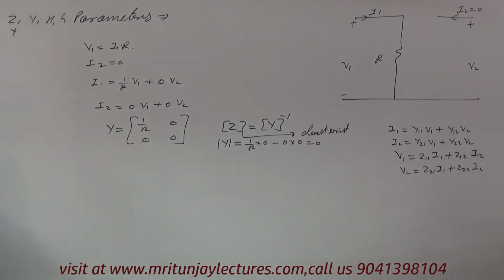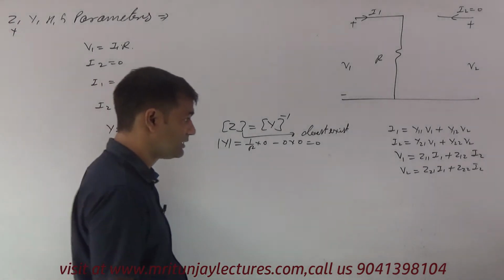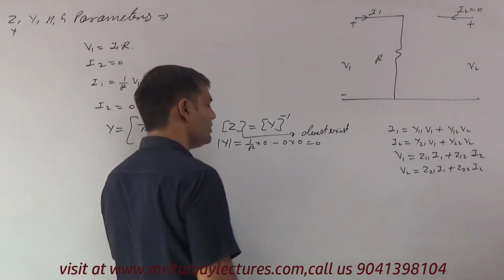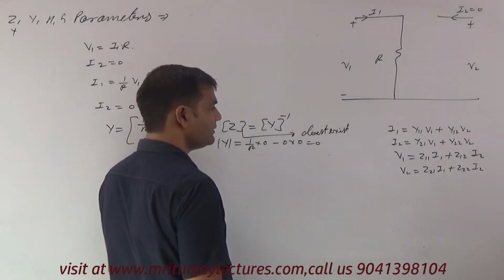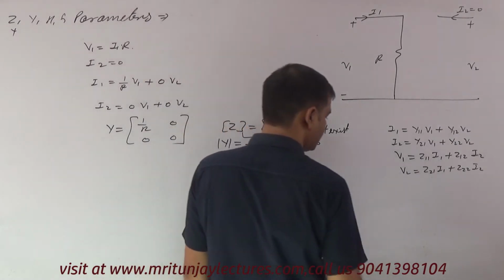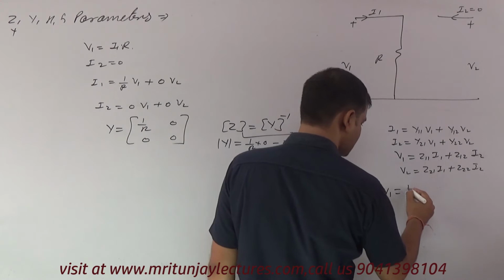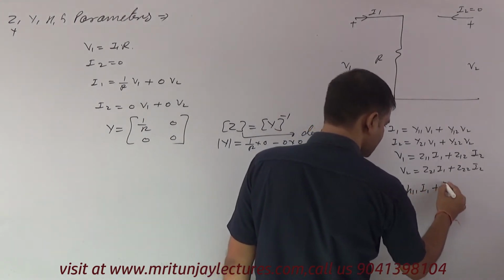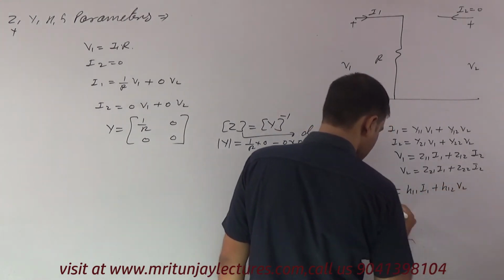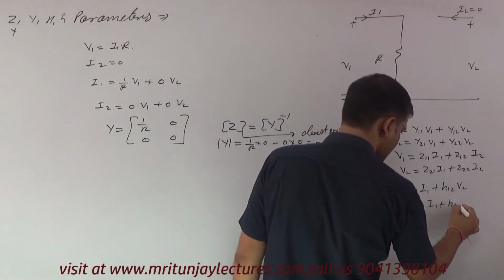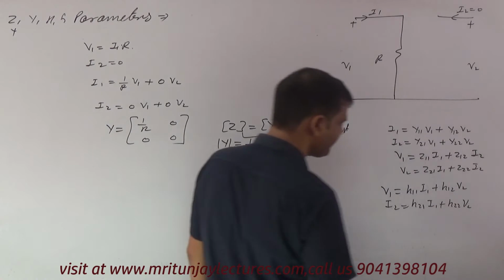The Y parameter exists. Now what about the H parameter, does it exist or not? If you write the H parameter, V1 is equal to H11 into I1 plus H12 into V2, and I2 is H21 into I1 plus H22 into V2.